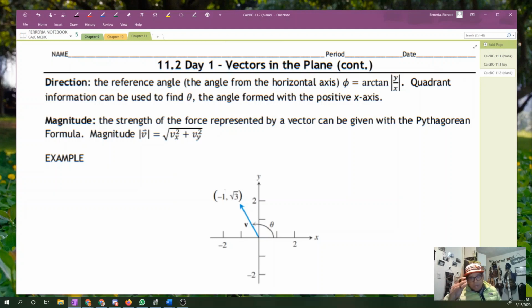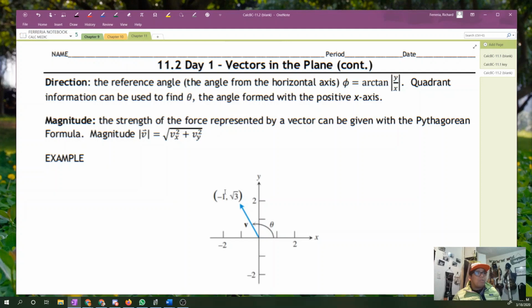If the vector points into the second quadrant, then you're going to be subtracting your reference angle from pi. If it's in the third quadrant, you're going to be adding to pi. And if you're in the fourth quadrant, then you're going to be subtracting it from 2 pi. That's the way reference angles work.